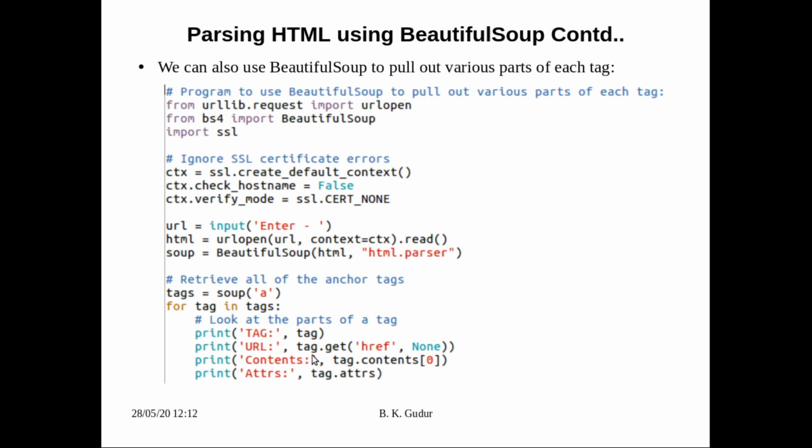the tag content and the reference, whatever the links are there to other pages. That reference we are going to extract, and the content of that tag we are going to extract, and the attributes of the tag we are going to extract. All these things are terminologies in HTML. If you look into the source code of any HTML page, you can see all these attributes there.